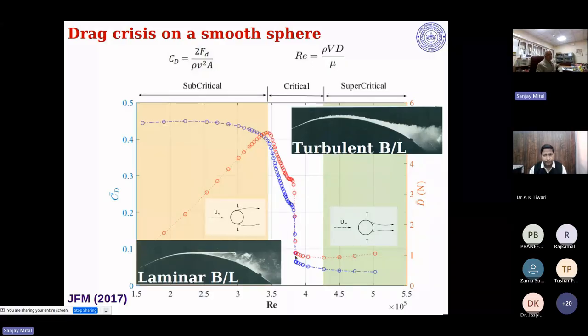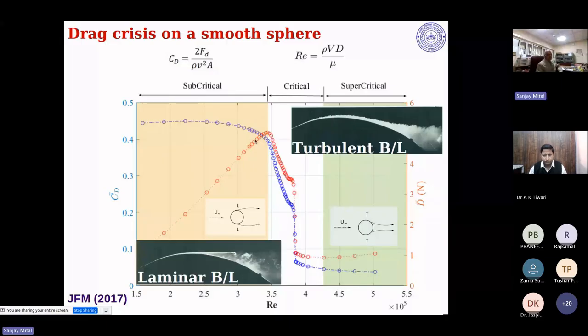And that's why you see a very large change. So it remains constant in the laminar regime, and it also remains kind of constant in the turbulent regime.